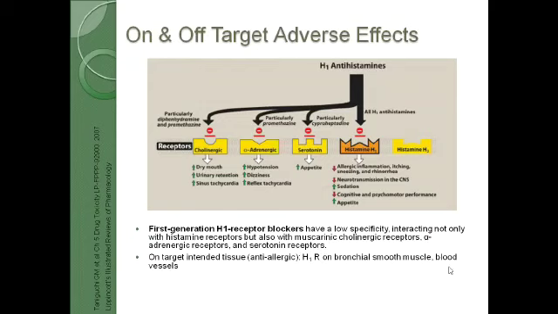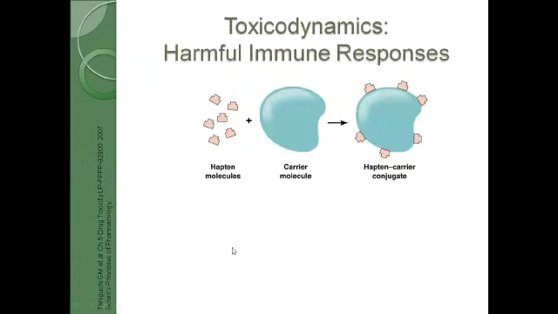And also in blood vessels, if we block the H1 receptors, we will inhibit the increased permeability. But on-target unintended tissue is the H type 1 receptor at central nervous system, and it will cause somnolence.